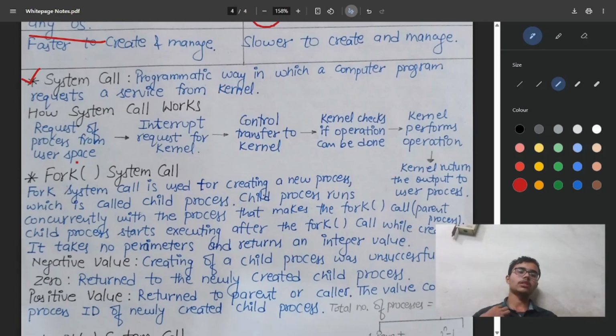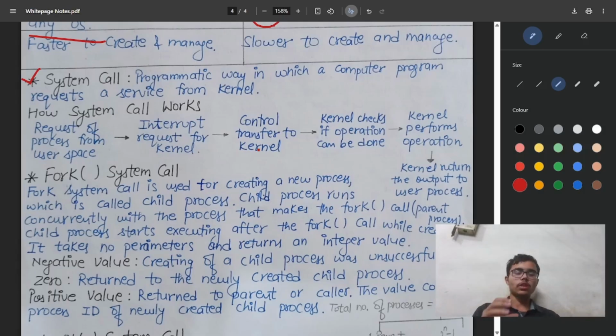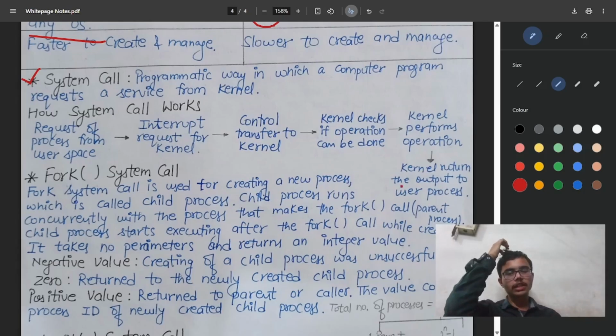An interrupt request goes to the kernel, and control transfers from the user to the kernel. The kernel checks whether the operation can be done or not. If it is an authenticated process and the operation can be done, the resource can be given. The kernel performs the operation and returns the output to the user process.